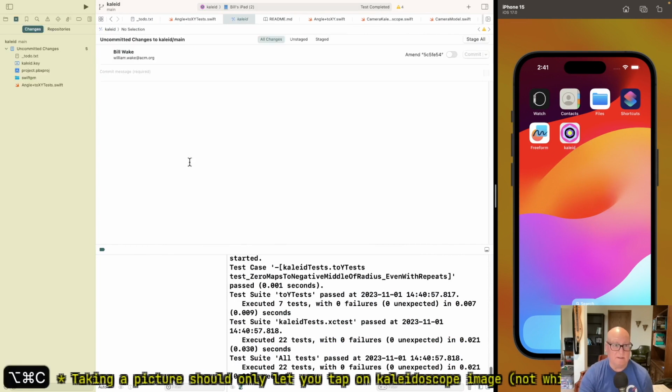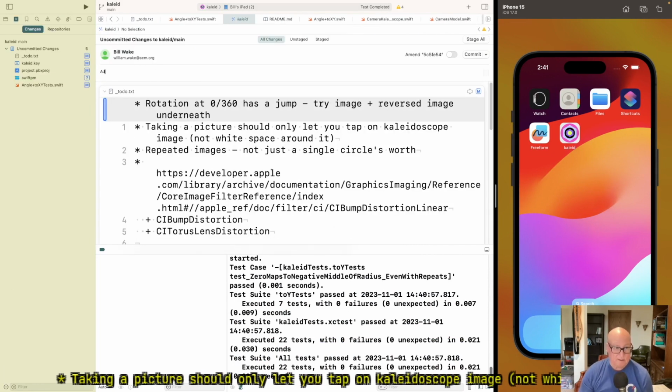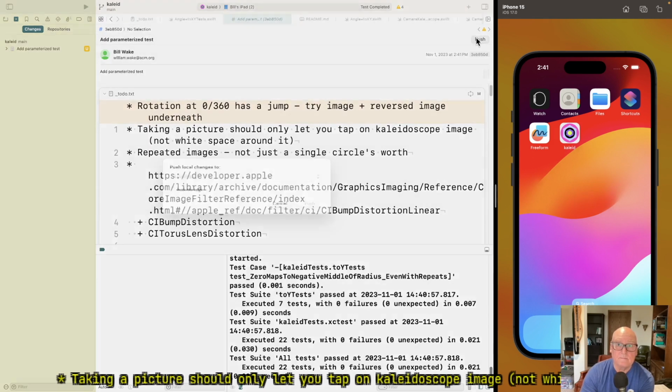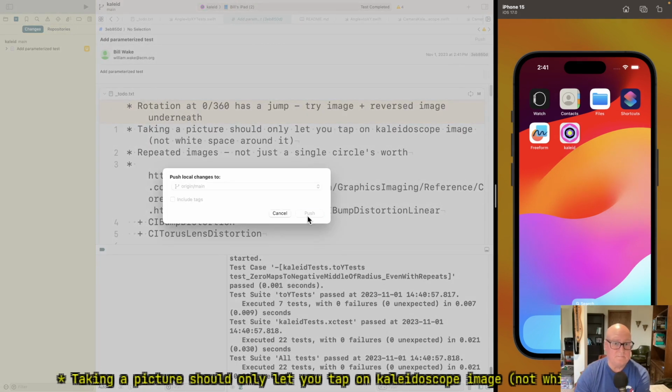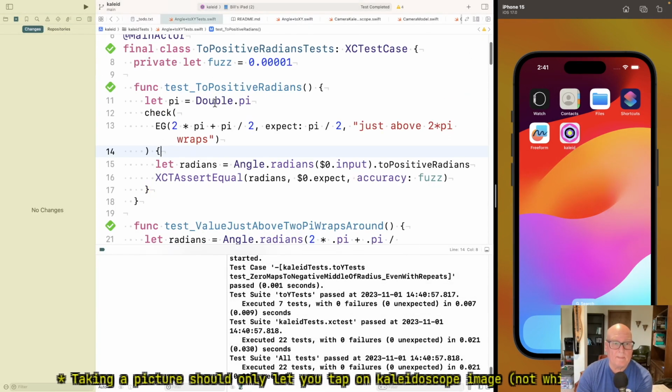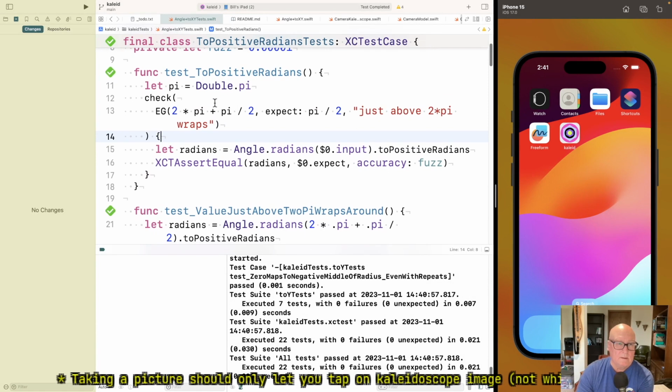But that's okay. All right. Let's check this in. So add parameterized test. It would be good. I mean, it would be better than what we have for sure to do that with the pi, but I think we can do better.